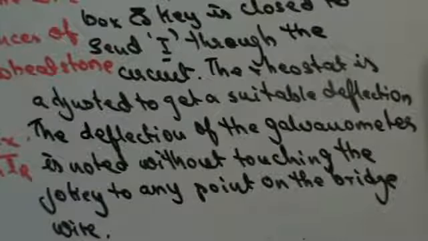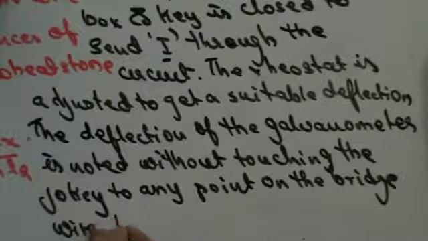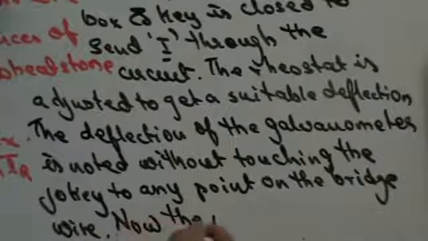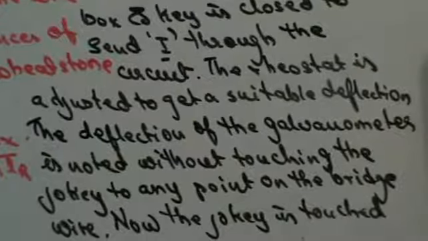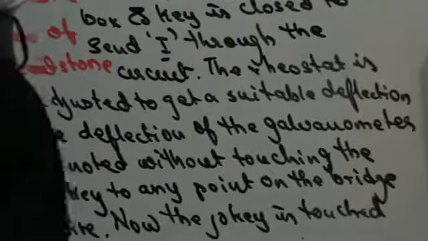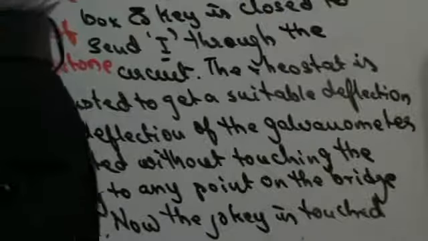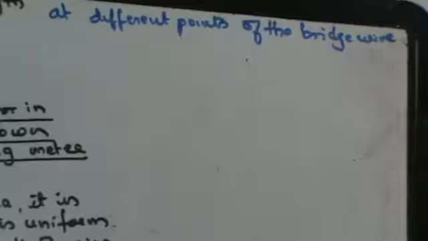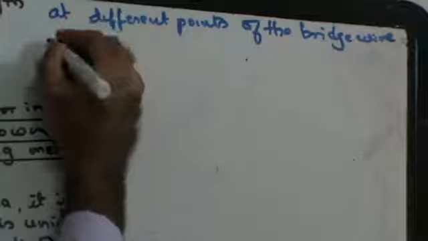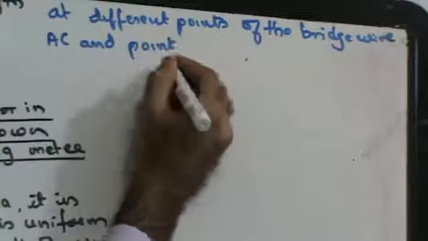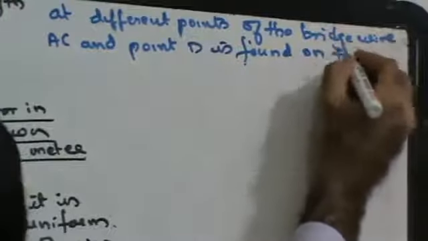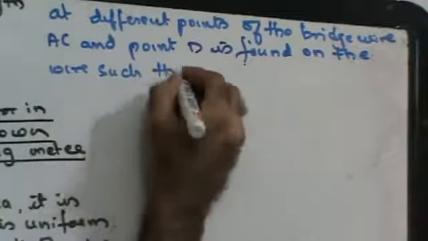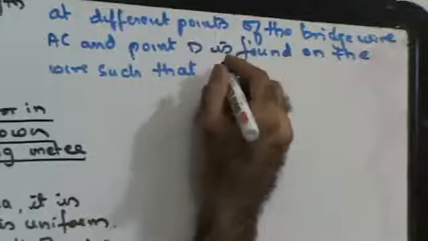Now the jockey is touched at different points of the bridge wire AC, and a point D is found on the wire such that the galvanometer again shows the same deflection.